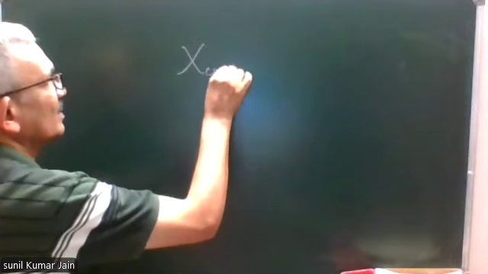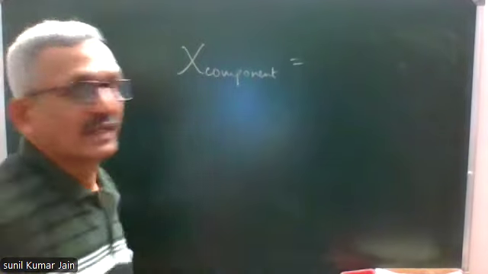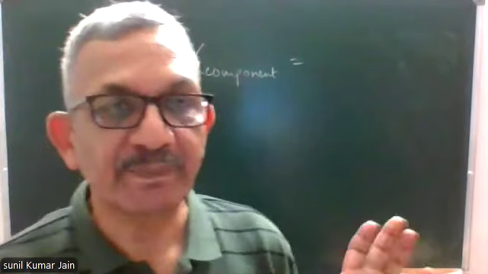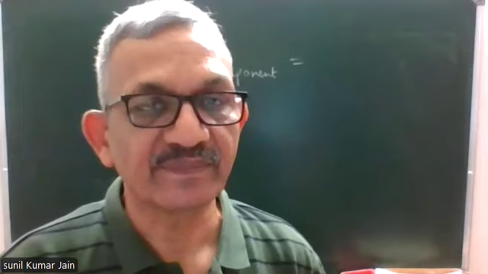Now write down the formula for calculating mole fraction. This symbol looks like capital X, but it is not X. This is called chi.